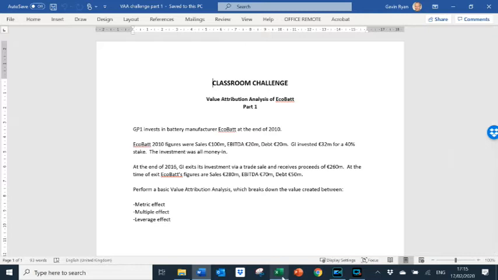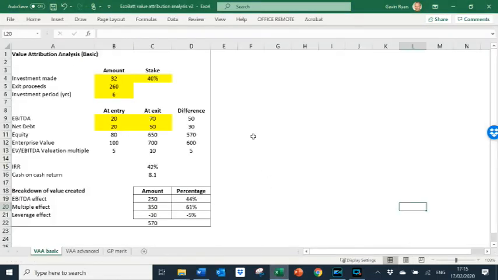So here, let's go to my Excel spreadsheet in which I'm making the calculation. So let's go to the top here where we can see it. So we've got an investment of 32, a stake of 40%, exit proceeds of 260, a 6-year investment period, which is 2010 to 2016. So at entry, I've got here 20 million EBITDA, debt of 20.